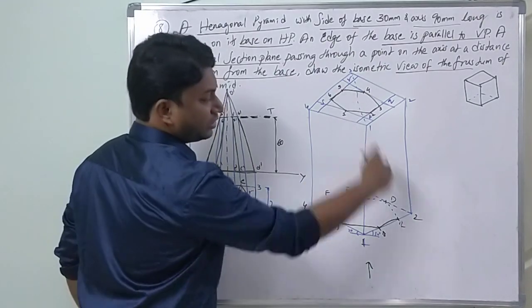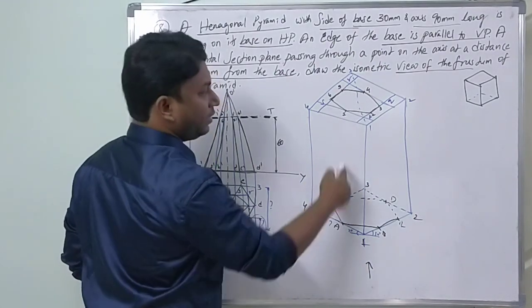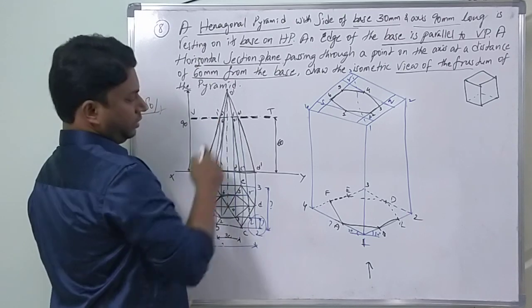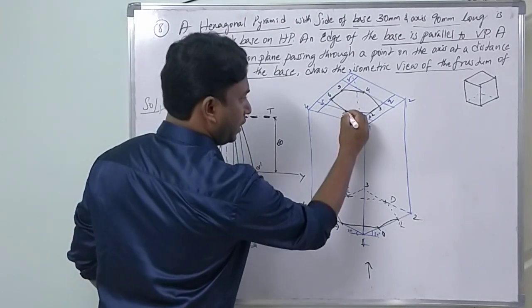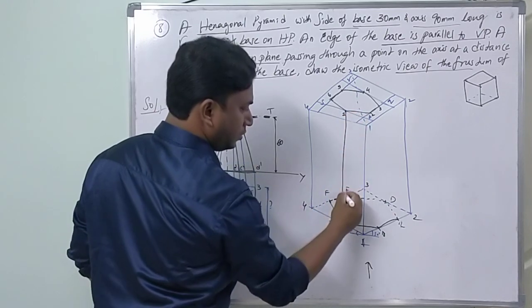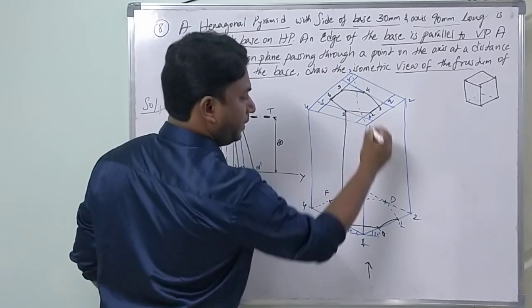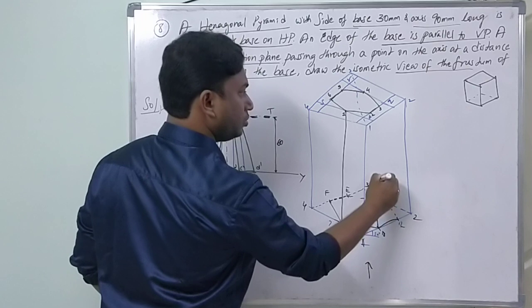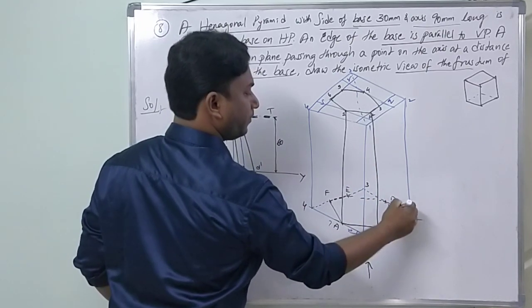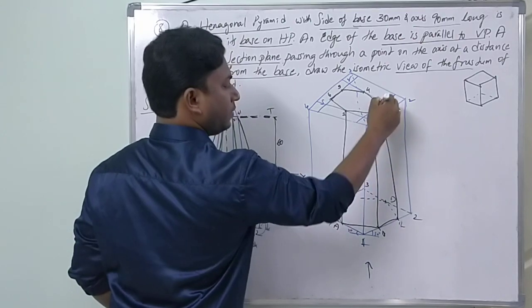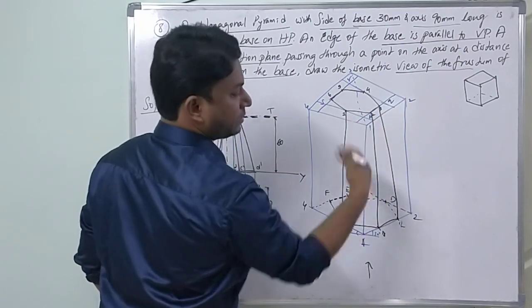Now, which edges are clearly visible? A will be connected to 1. You can clearly see this, A to 1. So from 1 to A, B to 2, C to 3, D to 4. It's a backside.